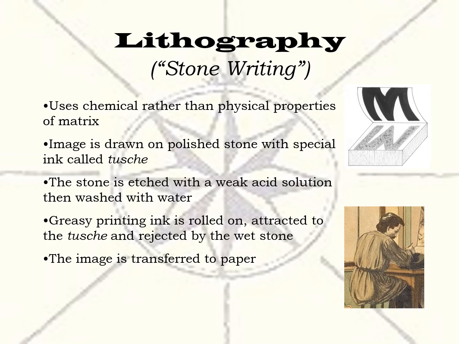The stone is then washed with gum water, which is repelled by the ink image but absorbed by the bare stone. After all this, a greasy printing ink is rolled onto the stone, the ink held by the drawn image and rejected by the moist stone. Finally, the inked image is printed onto the paper using a lithographic press.